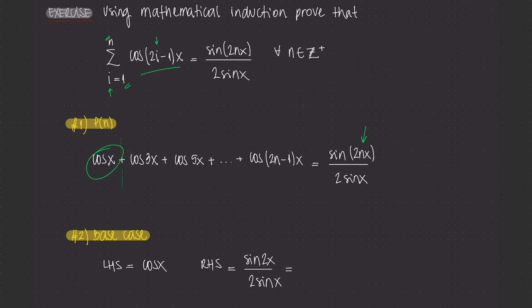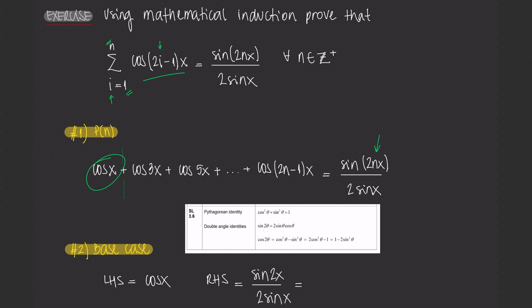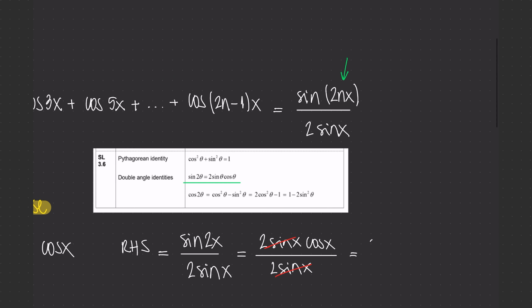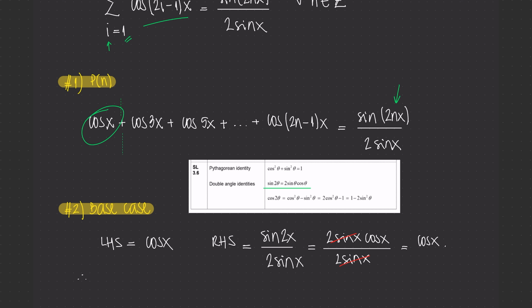Now, initially, this does not look like cosine of x. However, given that sine of 2 theta is 2 sine theta cosine theta, we have 2 sine x cos x divided by 2 sine x, which is indeed equal to cosine of x. And you're going to write the following, therefore the base case holds.